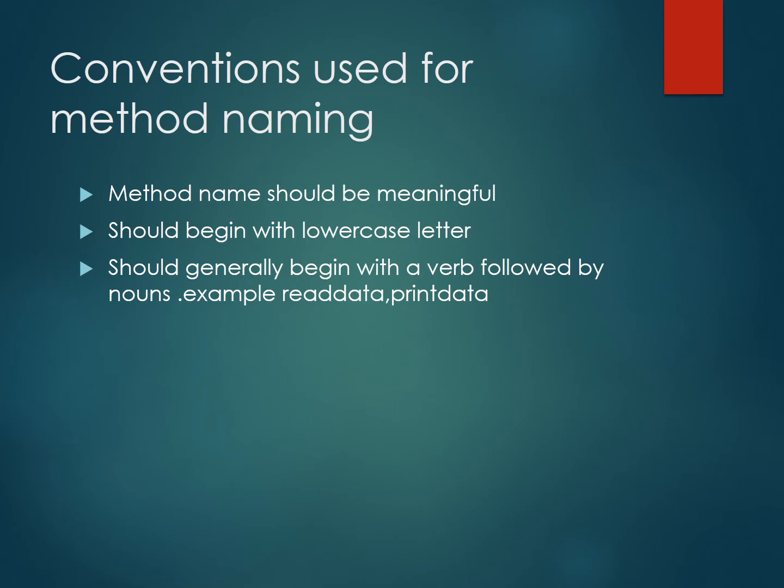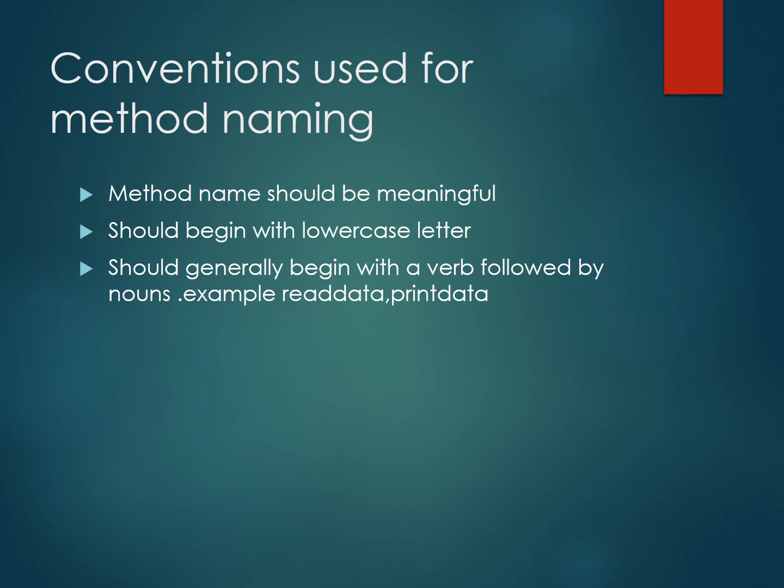It is not mandatory to begin the name of the method with a lowercase character, but it is preferable as all the predefined methods in Java begin with lowercase letters.